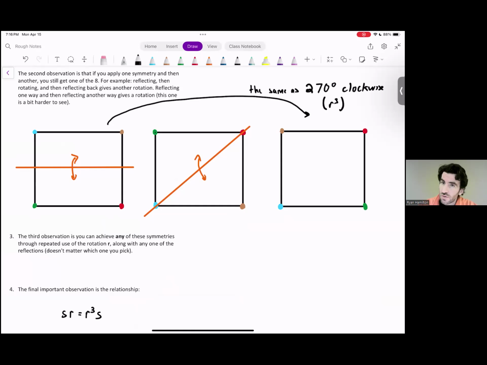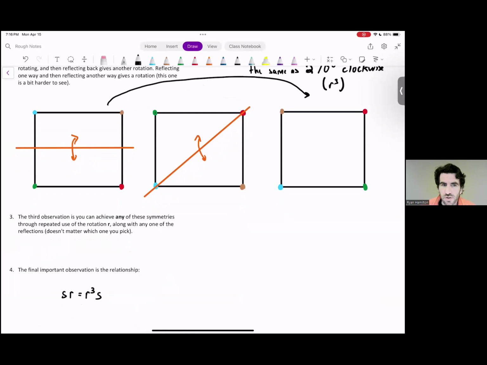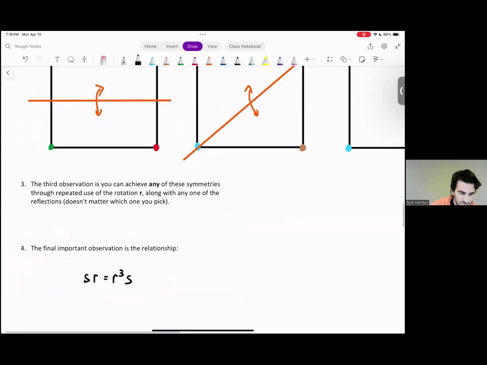Any one that you choose, just pick one of those reflections. You can make any of these 8 with combinations of R and that reflection. The last and most important step is this relationship. SR is R cubed S. So I haven't told you what S is. So here S can be any of the reflections.